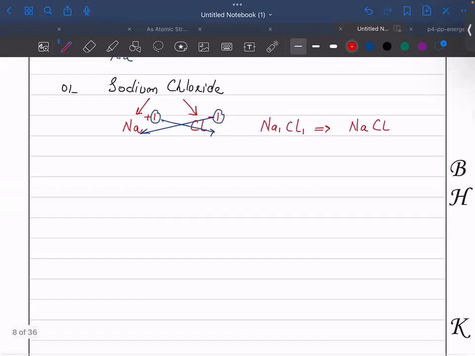And what actually is happening, if we see the structure of these atoms, the sodium atom has 11 electrons, 2, 8, 1. This is the sodium atom.